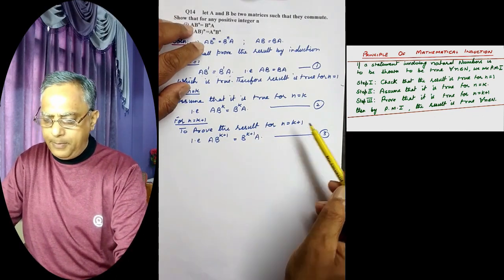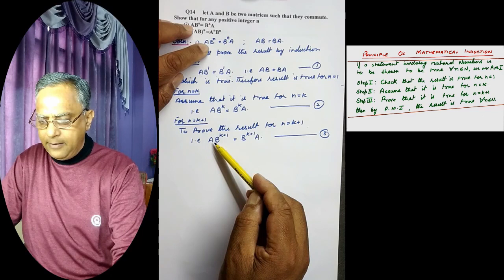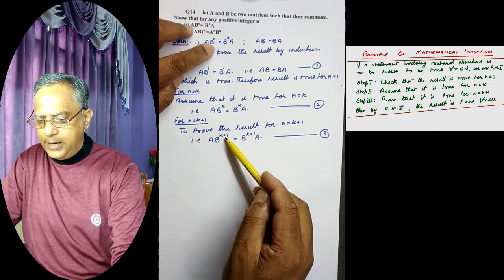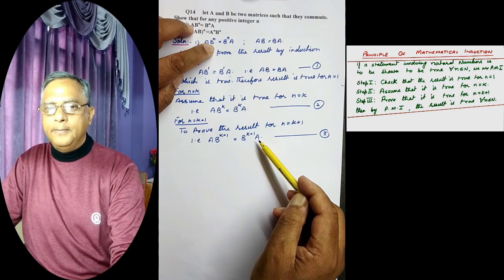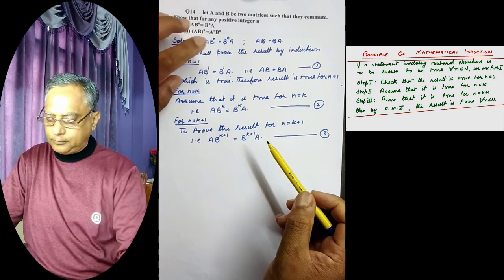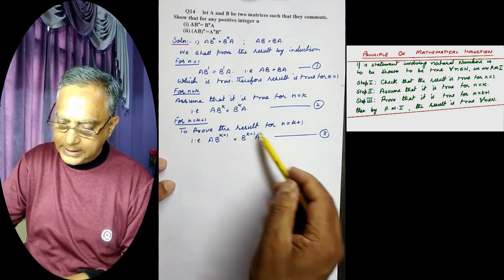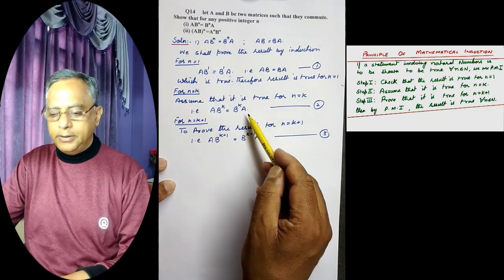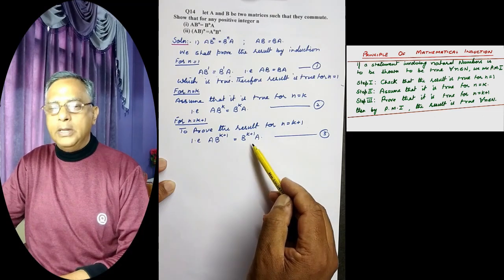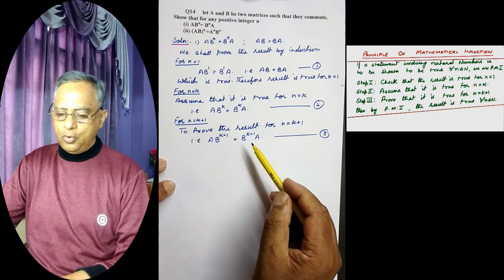Now for n equal to k plus 1, the result is AB to the power of k plus 1 is equal to B to the power of k plus 1 into A. We have to prove this result using this assumption. This is true, we have to prove that this is also true.